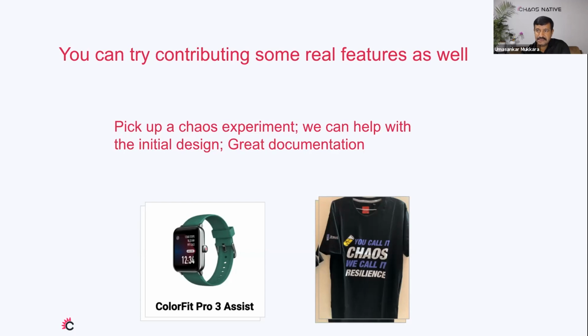So not just the first good issues and PRs, but we definitely appreciate you contributing a little bit more to our project. And we generally give out a lot of goodies, watches, AirPods, T-shirts, and so on. So we do celebrate this month and are looking forward to that.